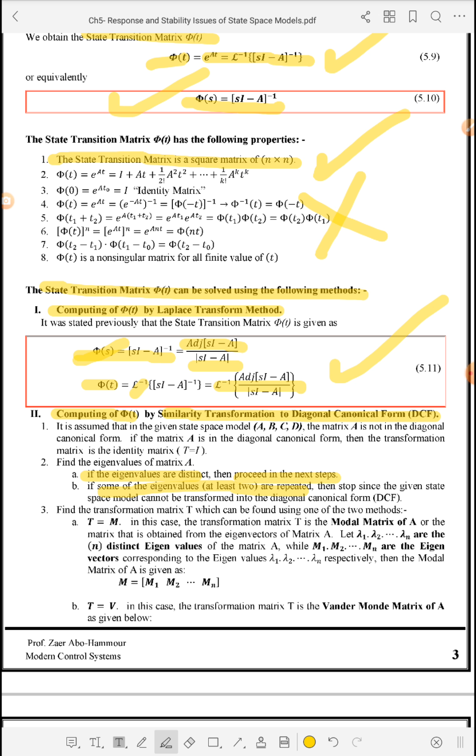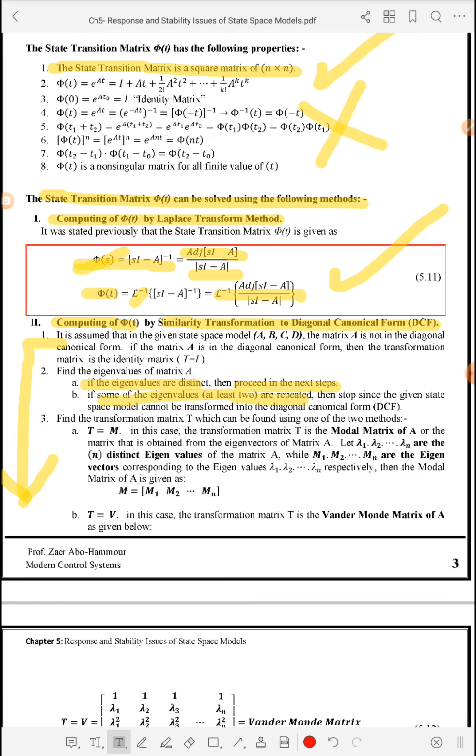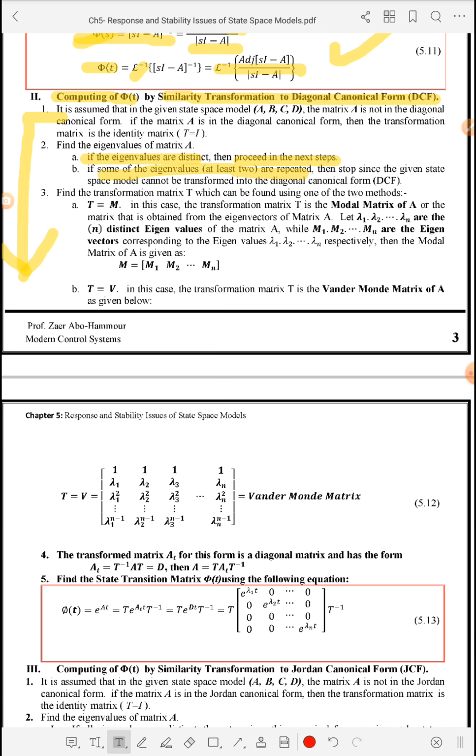Regarding the steps, let's go to the remaining slide, from step 1 to step 4. This is exactly the same as we covered in the previous chapter regarding the similarity transformation to DCF. Finally, we end up with AT, BT, CT, DT, and here we are interested in only AT, the transformed matrix.